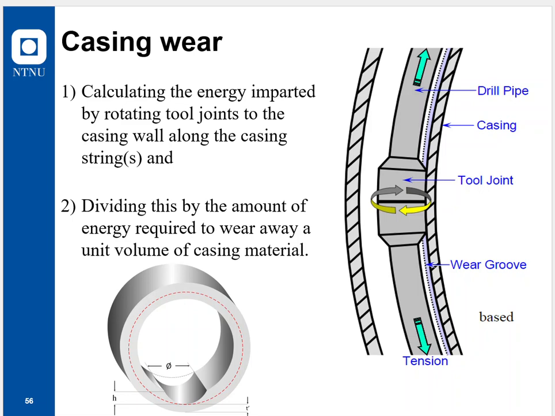And it's typically the tool joints that are touching, and the part of the tool joint that is in contact with the casing is what we call the hard banding. It's a portion of the tool joint where some reinforcement has been welded in order to withstand wear from both casing and especially abrasive formations.